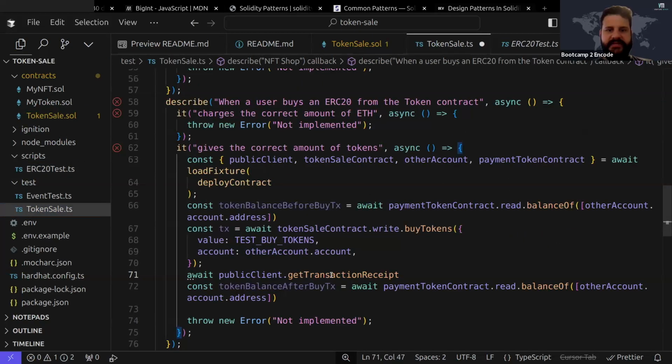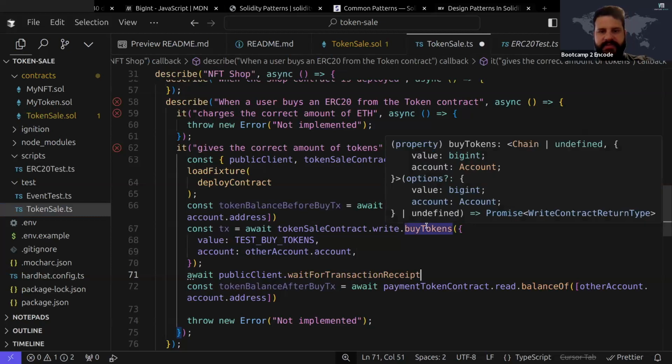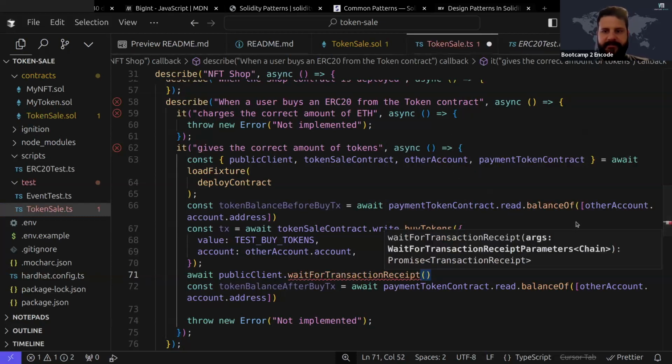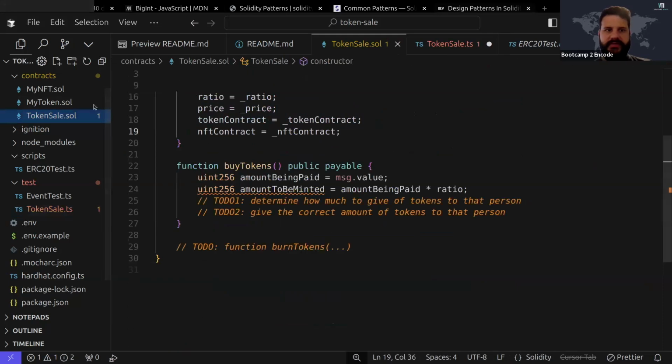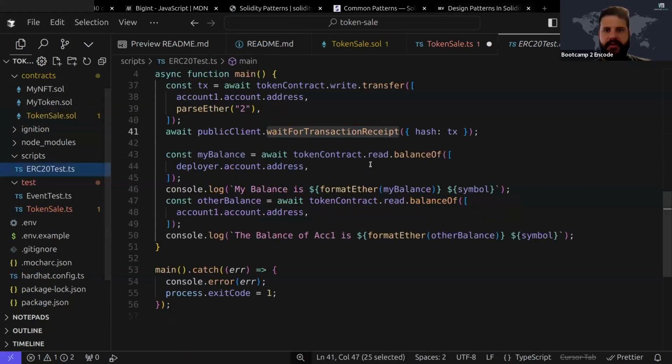I would have this wait for transaction receipt by passing the hash of the transaction here as the transaction that we sent before.